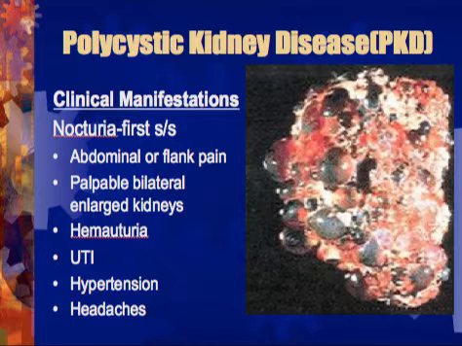It affects approximately 600,000 people in the United States, and it also accounts for the etiology of about 10 to 15% of those persons that are in the chronic kidney state of disease. There are two types, and in the next slide we're going to break those down a little bit more.